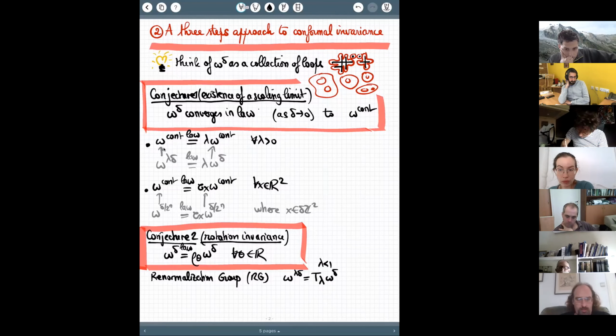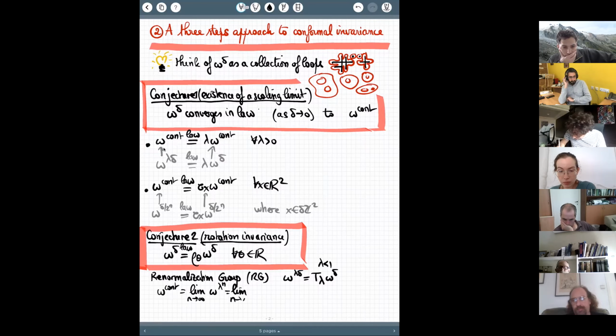But once you have this vision of the rescaling operation, you have a very nice consequence, which is that omega continuous is the limit when n tends to infinity of T lambda to the n applied to omega 1. Why? Because it's a limit of omega lambda to the n, which is, by definition, iterating n times the rescaling operator applied to the original model, omega 1.